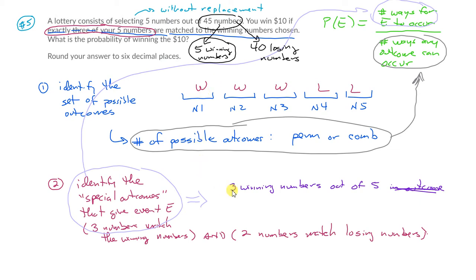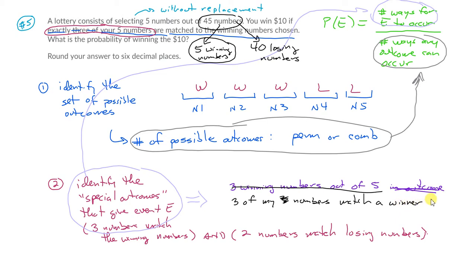So 3 of my numbers have to be winning numbers. I guess a better way to say this would be, the special outcomes would be, I have 3 of my 5 numbers in my outcome, or let's just say 3 of my numbers match a winner.